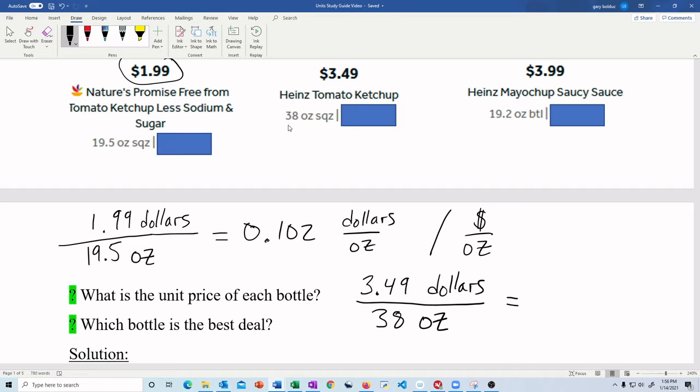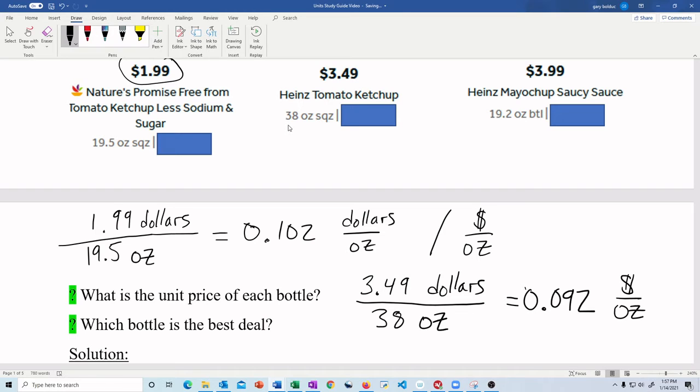And what do we get here? We end up getting 0.092. So again, I'll round to 3 decimal places. And what is that? That's dollars per ounce. Again, though, you can use the word dollars if you want here.